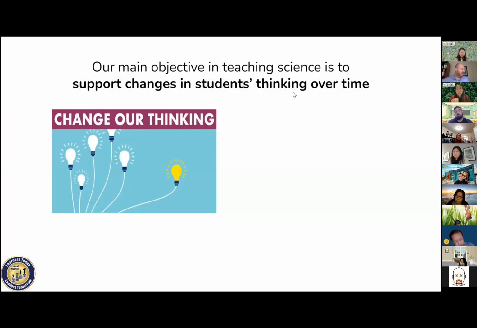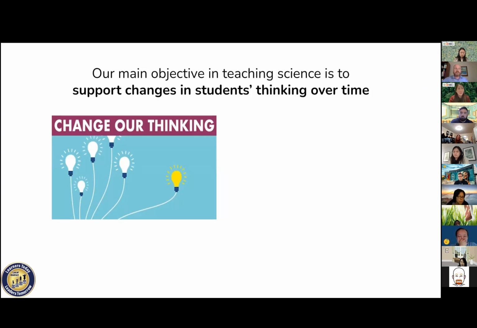So what you were just mentioning about prior, we're really talking about how our main objective in teaching science is to support changes in students' thinking over time, right? Their initial model, their initial thinking and explanation, it can and should change. They're not going to have all the information; we're going to build up to it in that storyline model.